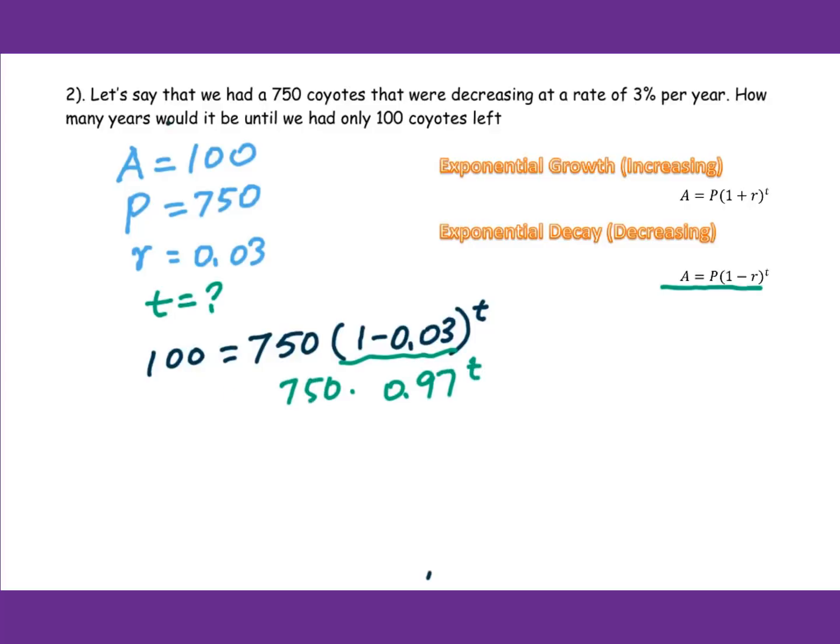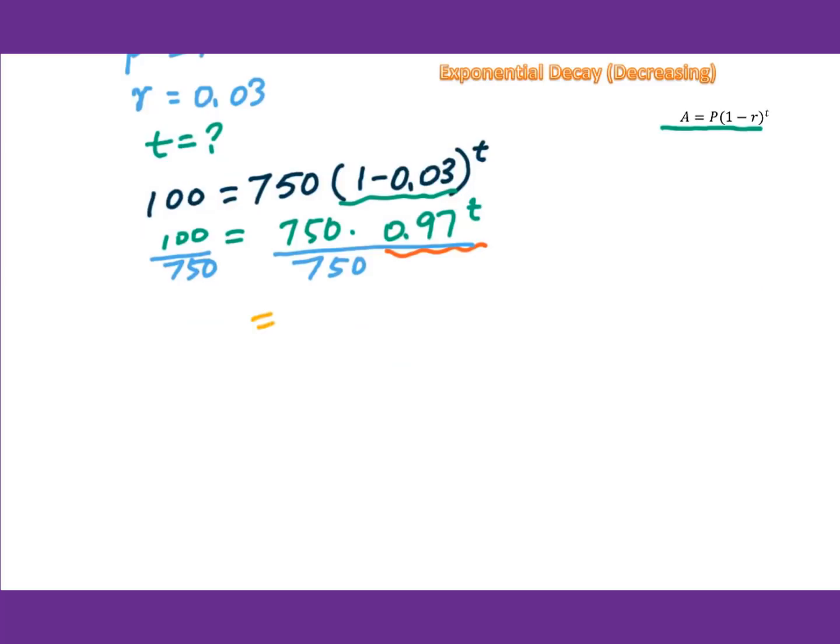750 times 0.97 to the T equals 100. This is an exponential equation. We need to isolate 0.97 to the T. Therefore, we divide by 750 on both sides. So we got 100 over 750.